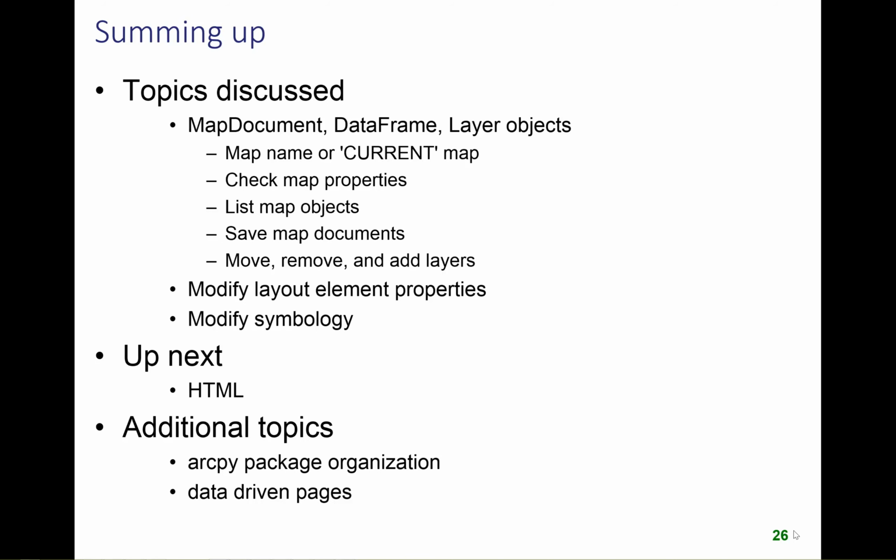We saw how to check and modify MapDocument properties, list map objects such as data frames and layers, and we can save the MapDocument with the changes that we make, and we can remove, modify, and add layers. We can modify the layout elements, such as the position of the north arrow or the text in a text box. And finally, we can modify the symbology if we have a training layer that we can base the symbology on.